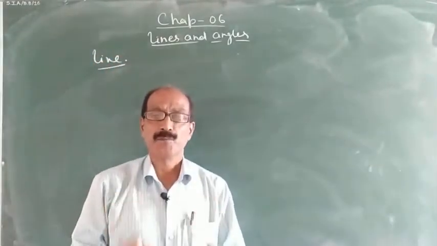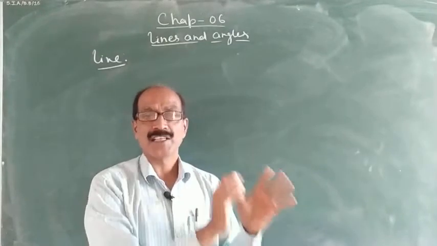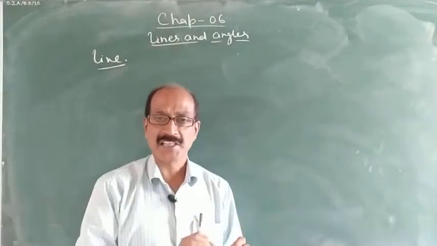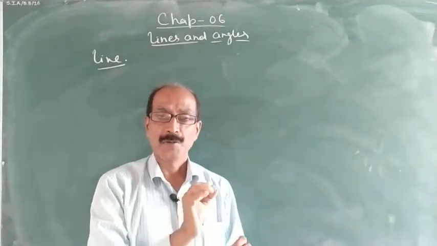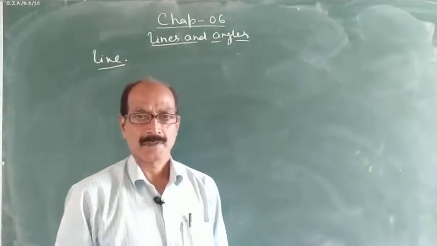Line is a set of points. Line is a set of points which can be extended, produced both in direction. Understood?